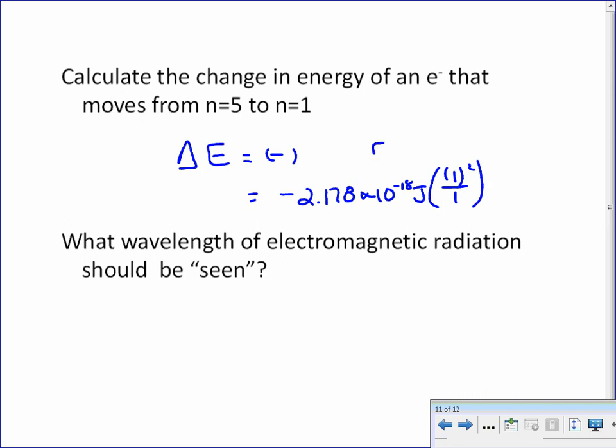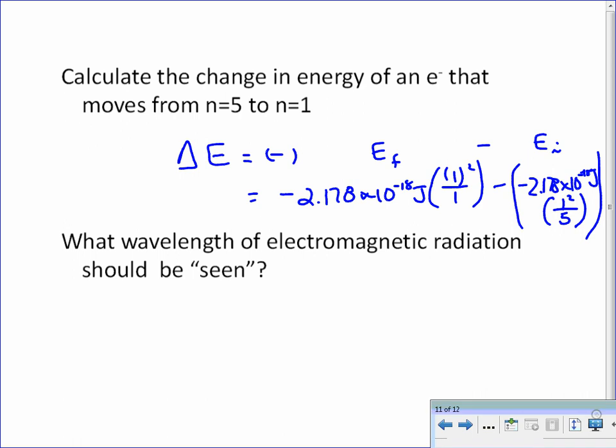So this would be the energy final minus the energy initial, which is going to be negative 2.178 times 10 to the negative 18 joules, I'm running out of space, times 1 squared, that's the atomic number for hydrogen, over 5 squared. And when you calculate that, you will see that you have a negative number, and that is the amount of energy that is given off when that electron moves.